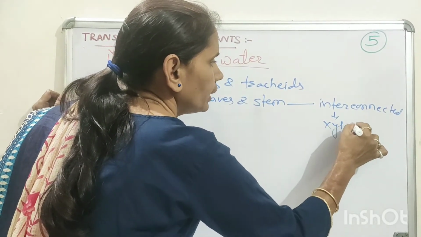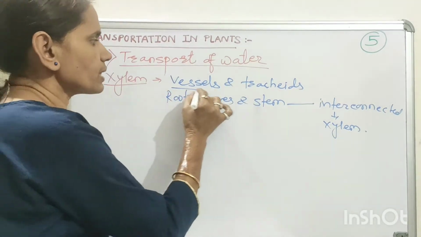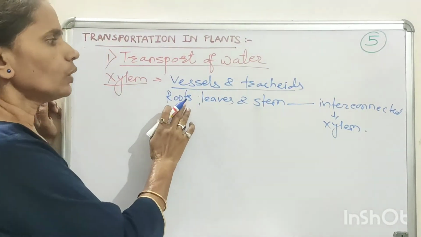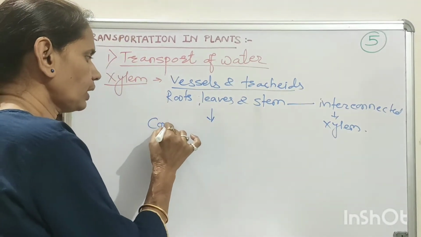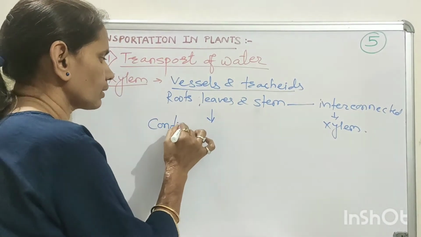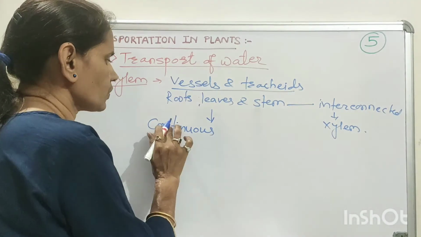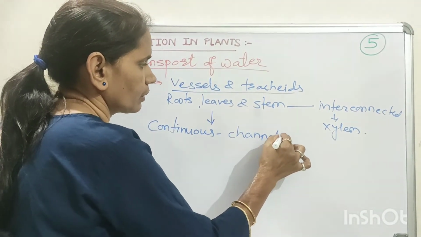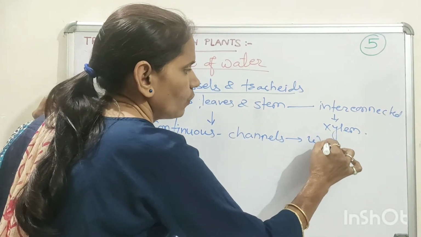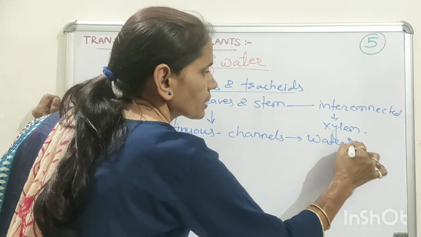So overall, the xylem consists of vessels and tracheids from the roots, leaves and stem, and it forms a continuous transportation channel which transports water and the minerals.